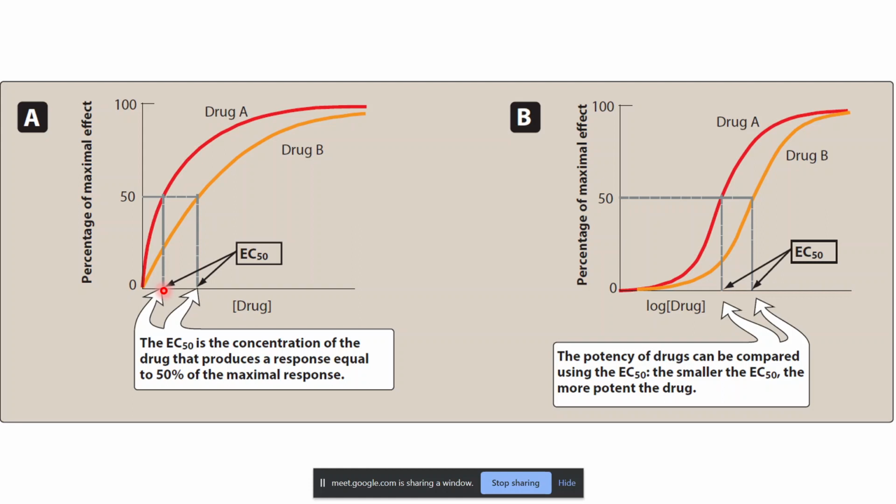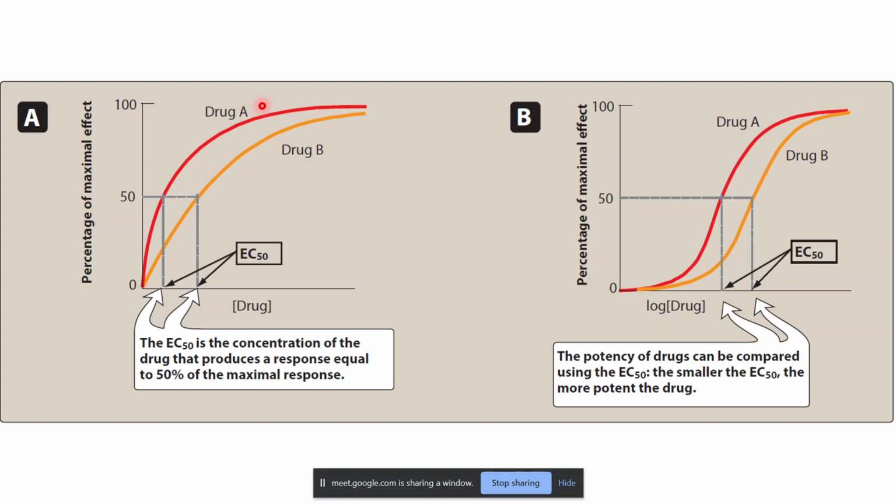So this constant will determine the potency of the drug, and the lower this EC50 is, the more potent the drug is. So EC50 for drugs A and B indicate that drug A is more potent.